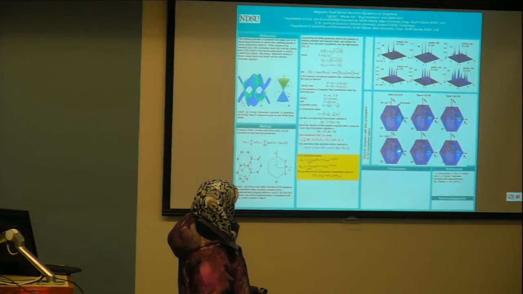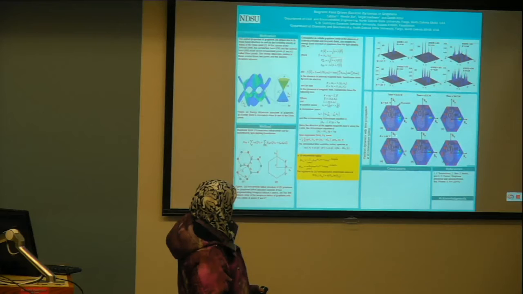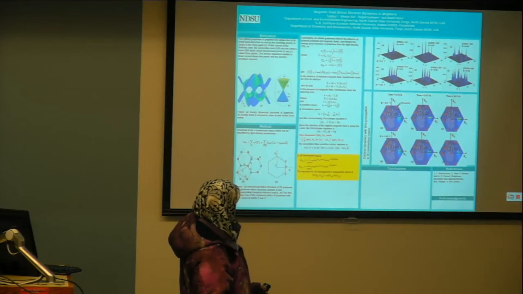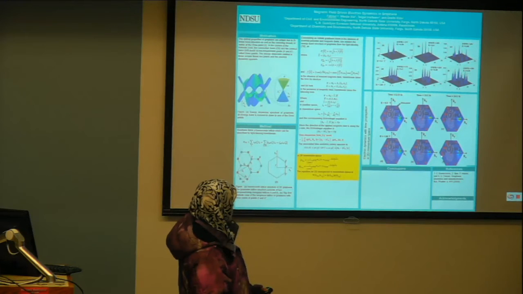And this one is for a higher applied magnetic field, 1.92 Tesla, at the same time steps. When the magnetic field is lower, you can see there is not much electron dynamics. It starts a little bit here and then a little higher here. But if the value of the magnetic field is higher, you can see more.